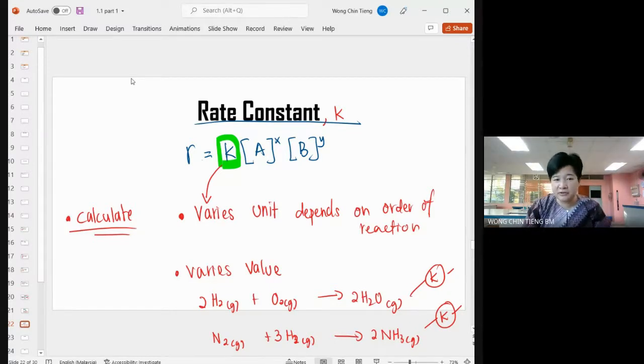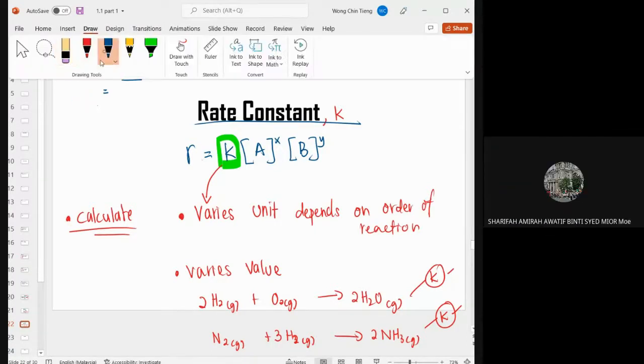The unit will vary. Now we are moving into the unit. Can I have the unit of the rate constant for the zero order? What would be your K? Anyone? Molar per time.